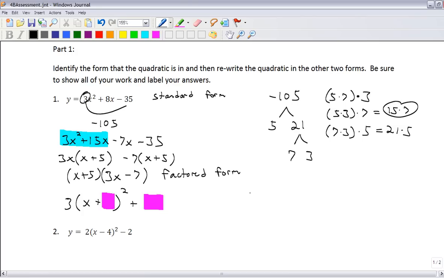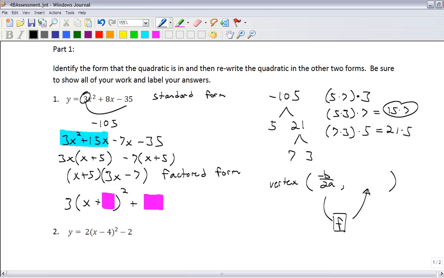But what I'm going to do is use the fact that the x of the vertex is negative b over 2a. That's our line of symmetry. Once you get that, you plug negative b over 2a into your function, and whatever your function spits out will be your y-coordinate.